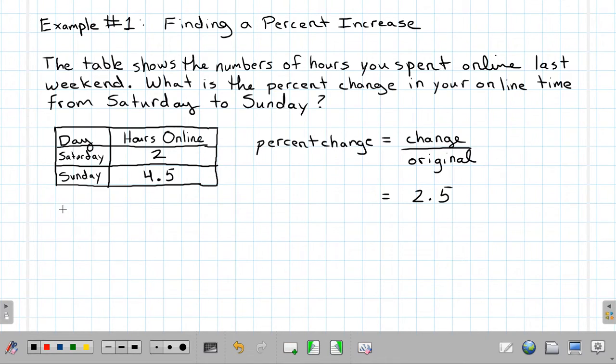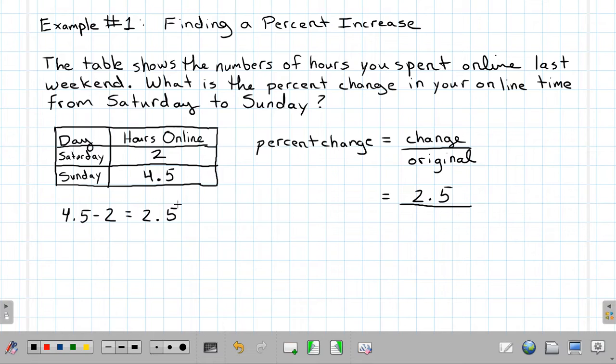How I got that is I took 4.5 minus 2, and the number changed by 2.5. That's how you find the change, and you'll see it's the same way we do it every single time. The number changed from 2 to 4.5, so it changed by 2.5.